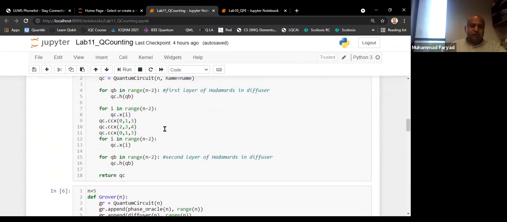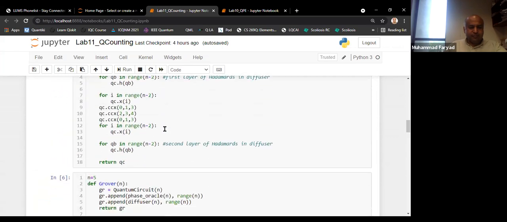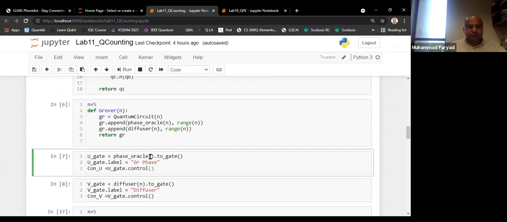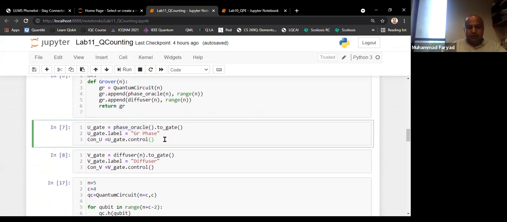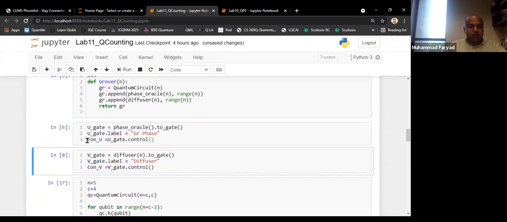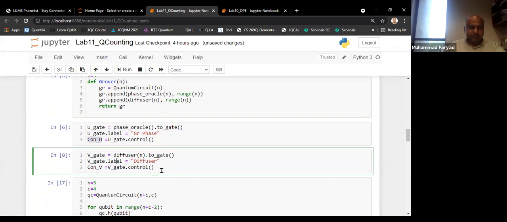So now this phase oracle has been converted to a control gate. Once I use this, I can now use this controlled-U symbol as a control gate. So this will be a controlled phase operator.